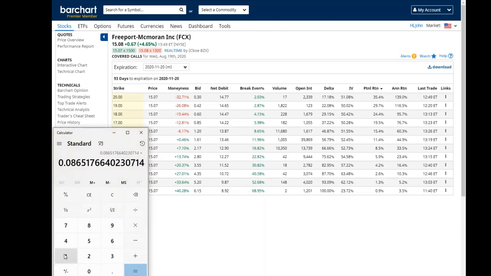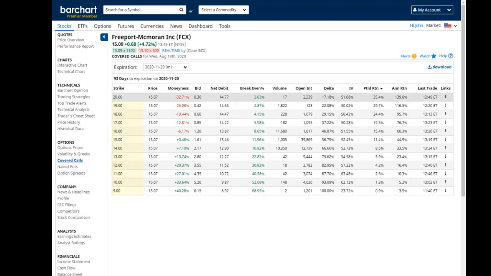As long as Freeport McMoRan stays above $13.80 between now and November, I'm going to make an 8.65% return on my money. If it goes above $16, then I'm going to make 15%. That's a nice return for 90 days of owning this stock.